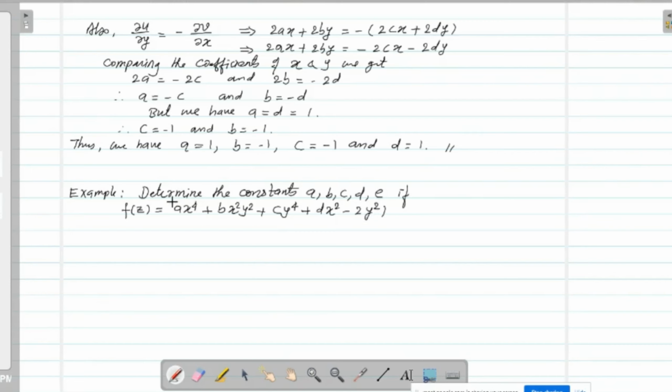This is the first term, and plus i times the second term, which is 4x cube y minus e x y cube plus 4xy, is analytic.